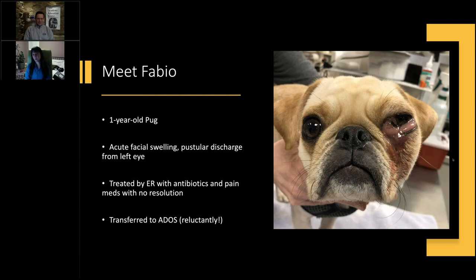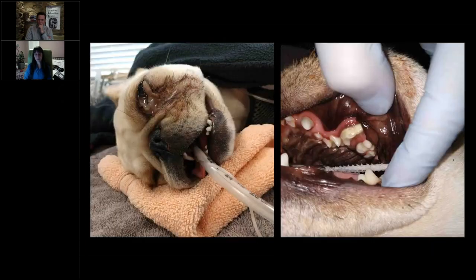They saw him on a Saturday. Nobody really thought tooth. Somebody put him on antibiotics, and he came back on a Monday, and I happened to be walking through the ER, and I saw him, and I said, oh my goodness, I think that might be a tooth. They were a little bit back and forth, but they said, well, maybe, and so they did transfer him to us so that we could do a CT. They let us have him, and that was good.